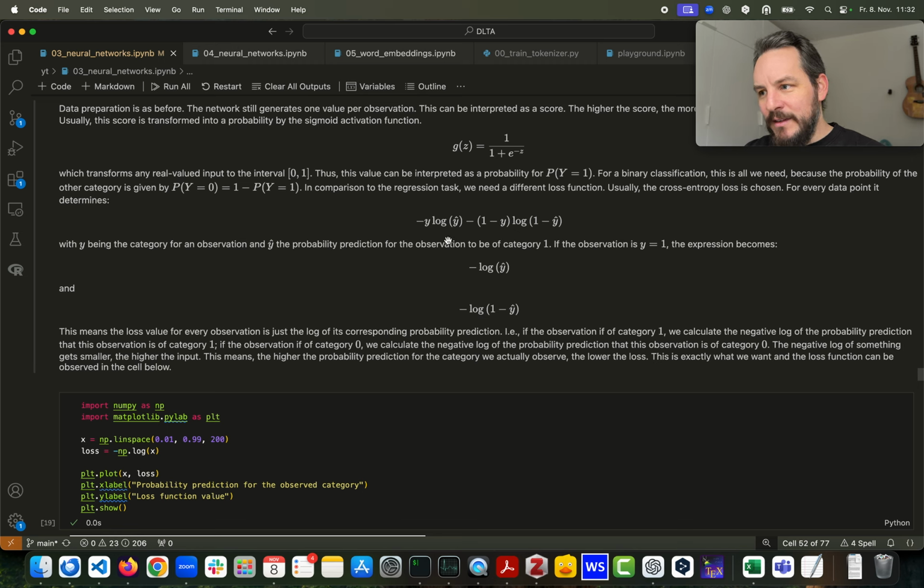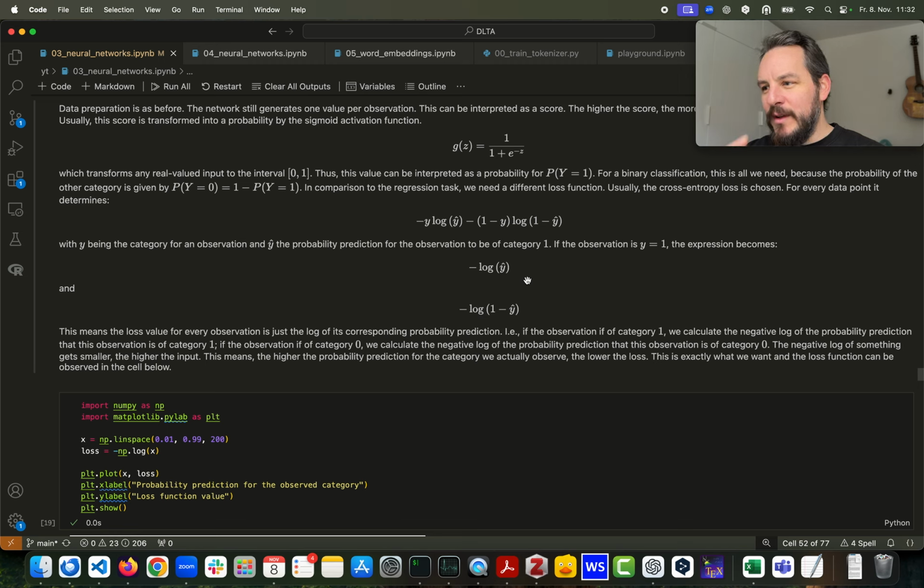So if the target variable is category 1, then we calculate the loss function value just by calculating minus log of the probability prediction that this observation is category 1. And if in reality we have category 0, then we have here minus 0 times something, so the first part vanishes. And 1 minus 0 is still 1, so we have minus 1 times log of 1 minus the probability prediction. Okay, so those are the two scenarios.